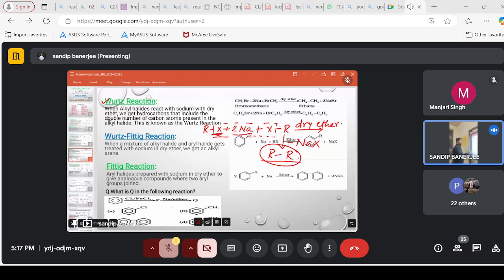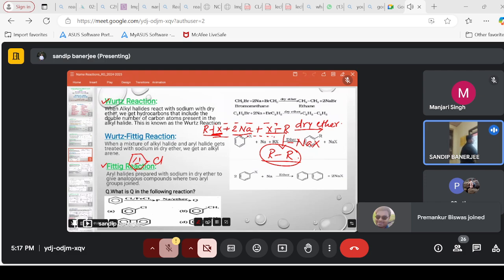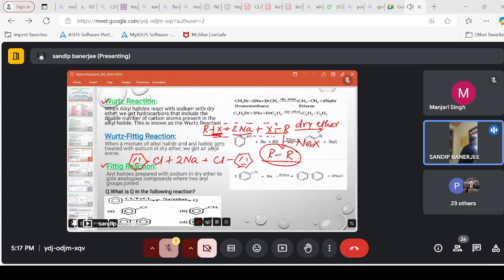Okay, so now I am coming to the Fittig reaction. The reaction mode is the same. Here both starting materials are the same aryl halide. I am taking chlorobenzene; you can take chlorobenzene, bromobenzene, iodobenzene, whatever your choice. The same metal sodium, in the same dry ether medium as I told you earlier, because we have to stay away from any kind of explosion due to the reactivity of sodium.